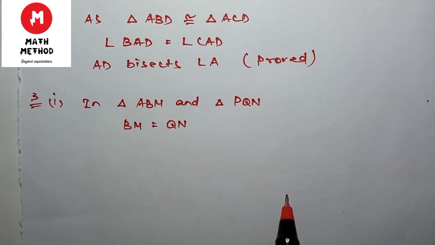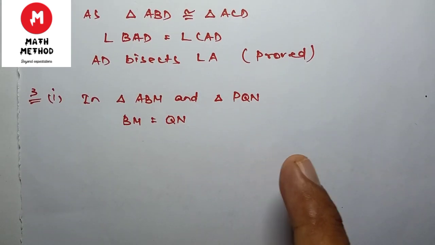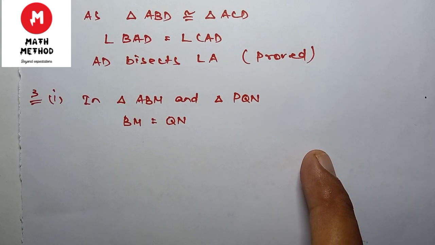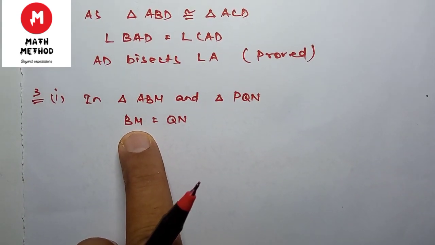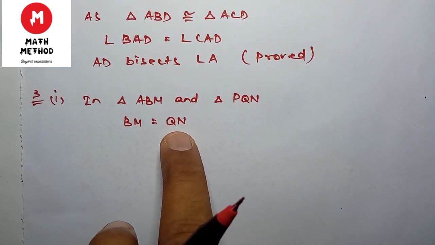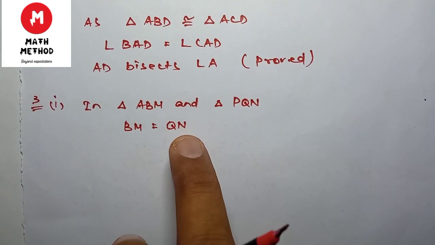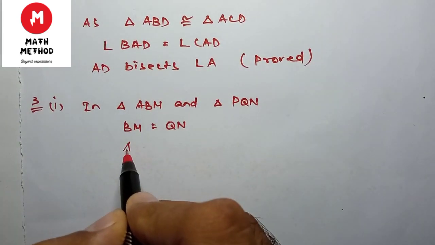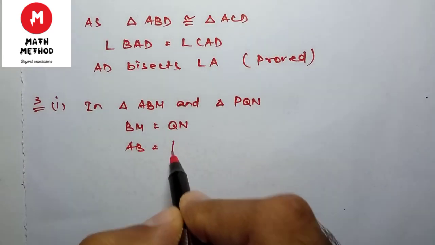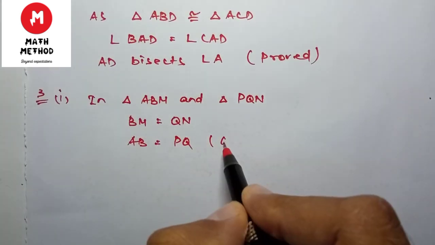Here BM is equals to QN because it is given that BC is equals to QR. So half of BC is equals to BM, and similarly half of QR is equals to QN. It is given. So this is our first part. Now AB is equals to PQ. This is also given.